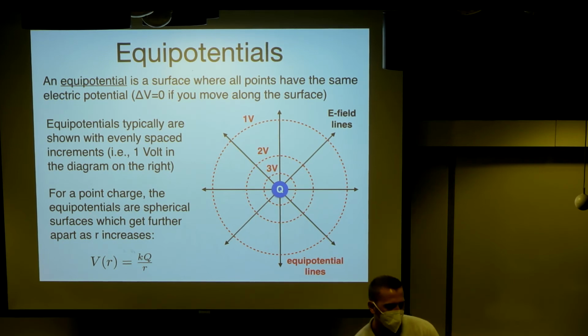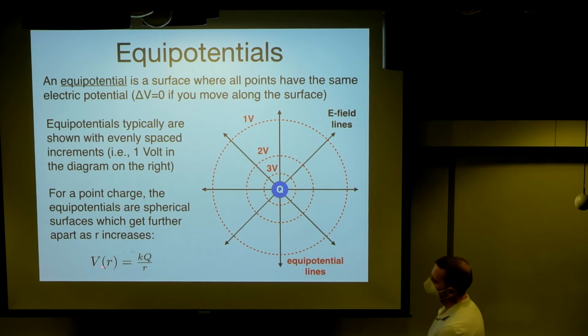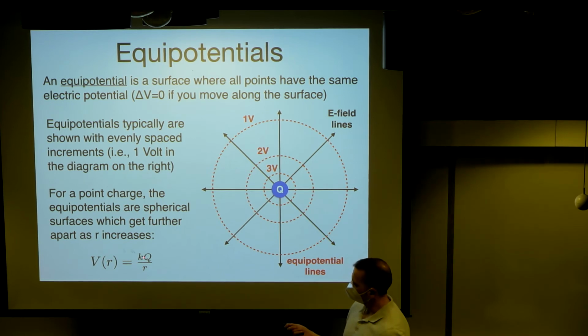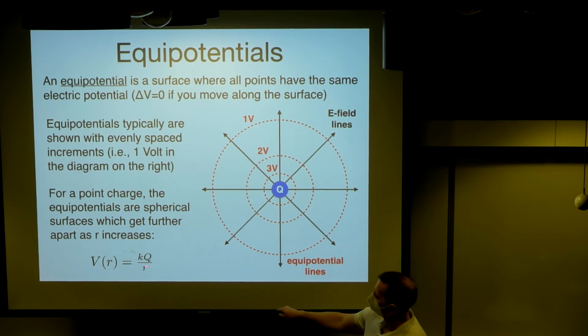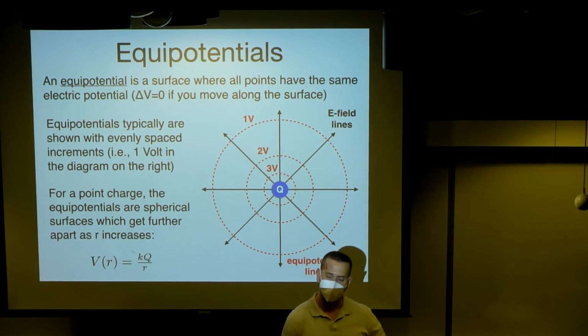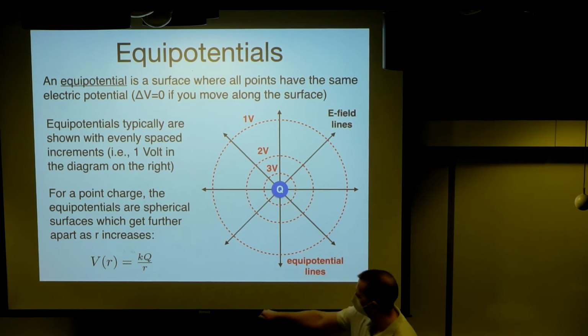That's really the simplest case, so we can go from there. Remember, for a point charge, electric potential, V as a function of R, is given by KQ over R. Okay? So let's think about it. How can we make all the potentials be the same? Or how can we make V be the same?